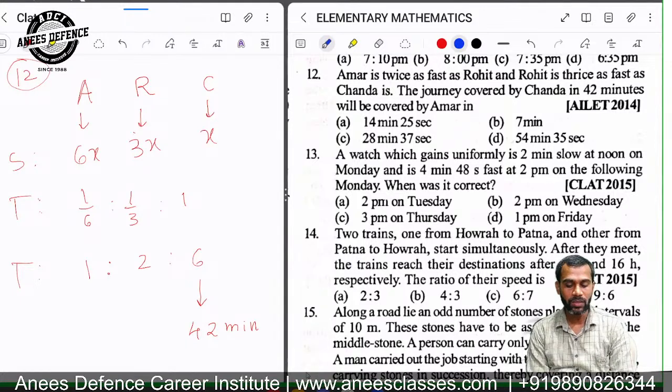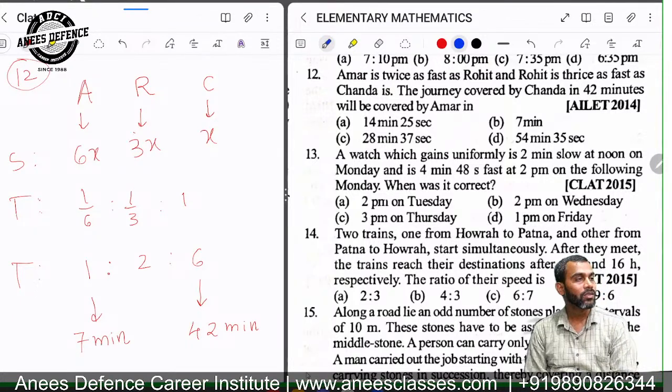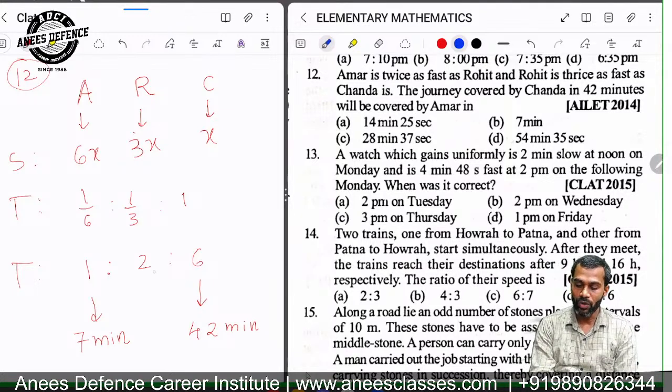So 1 to 6, this is the ratio of time taken by A, R, and C. So 6 is equivalent to 42 minutes. So 1 is equivalent to, in the same way, 7. So the time taken by Amar would be 7 minutes. What about the time taken by Rohit? 14 minutes?